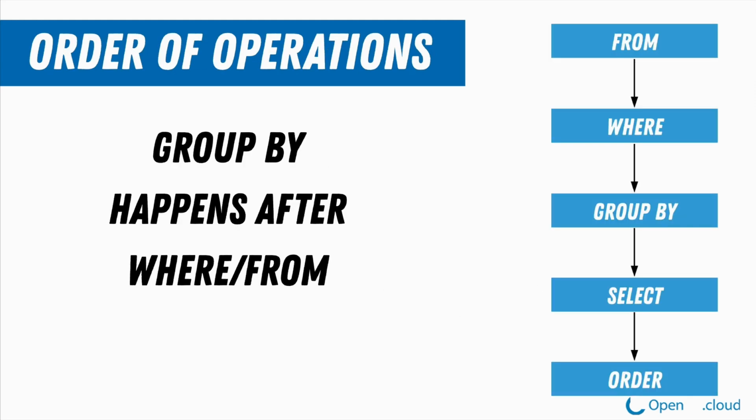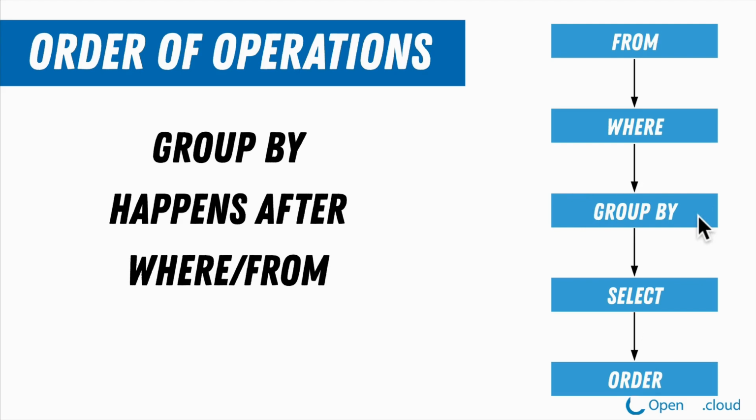So, earlier in the course, we looked at the order of operations. And the order of operations is the order in which SQL does something. And what we can see here is that we're doing from, where, group by, select, and then at the end we order data. So, something to note here is group by came in the middle.